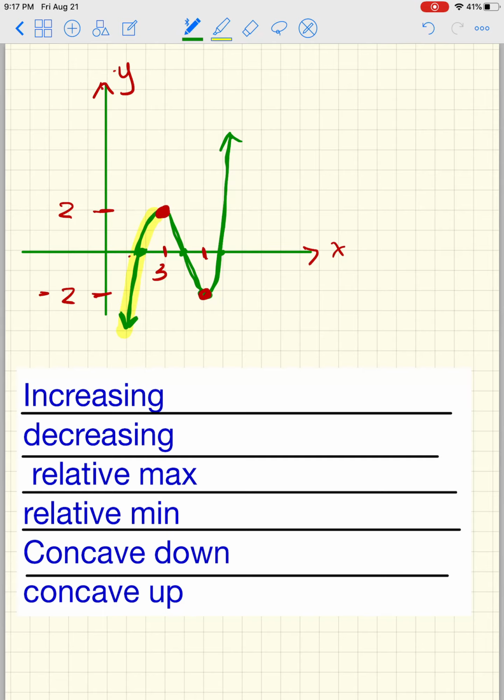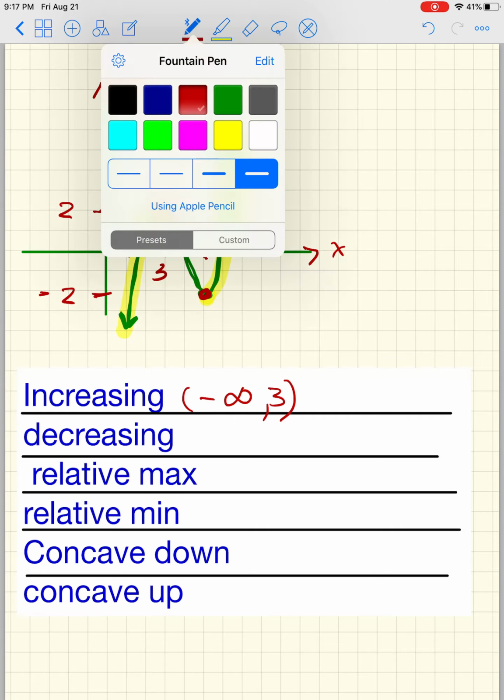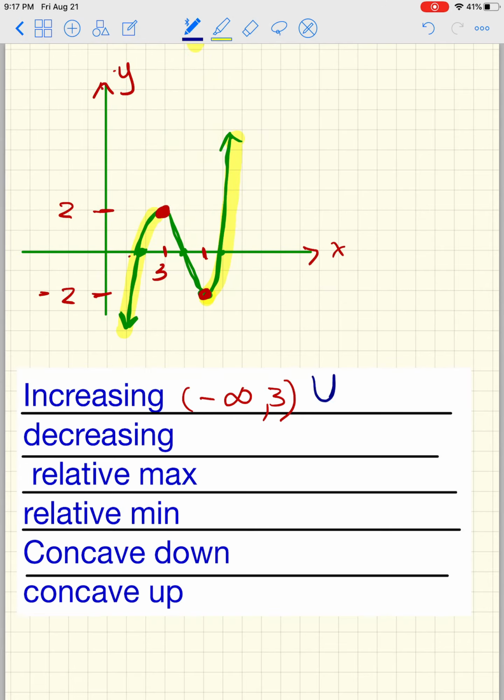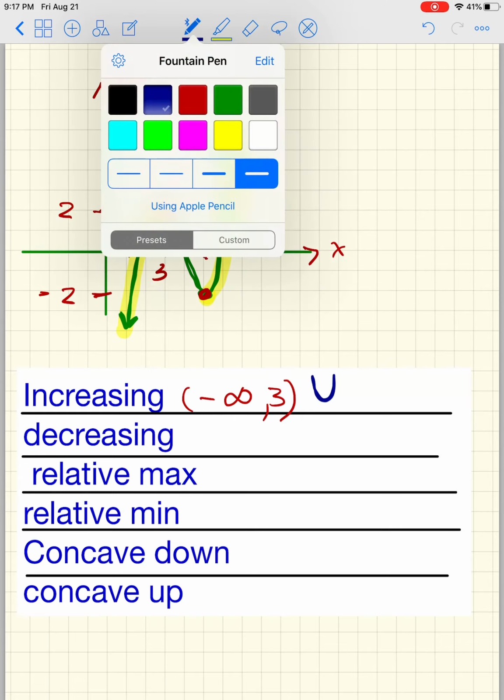So I'm going to increase from negative infinity all the way to 3. Is that the only place? No, guys, right? You guys see how I increase up here as well, right? So what we do is we make sort of this guy right here like a U for a union, okay?